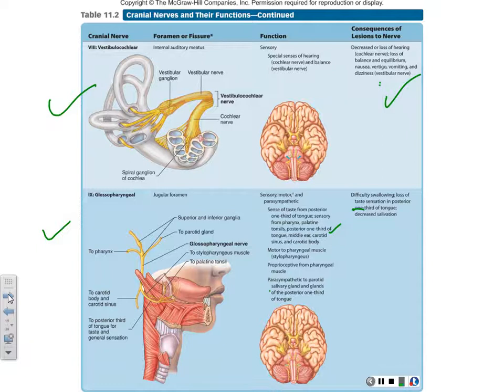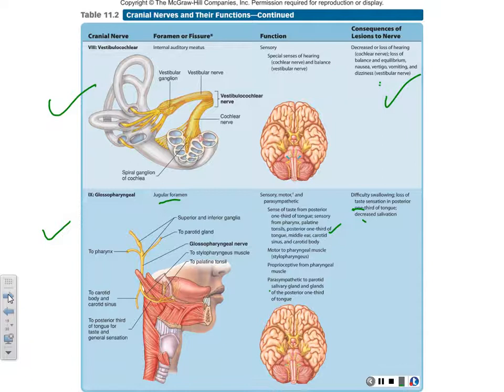It goes through the jugular foramen because it's kind of coming down to the throat. So the jugular foramen, the one that also carries the internal jugular vein, it borrows that. Okay, that's the glossopharyngeal.